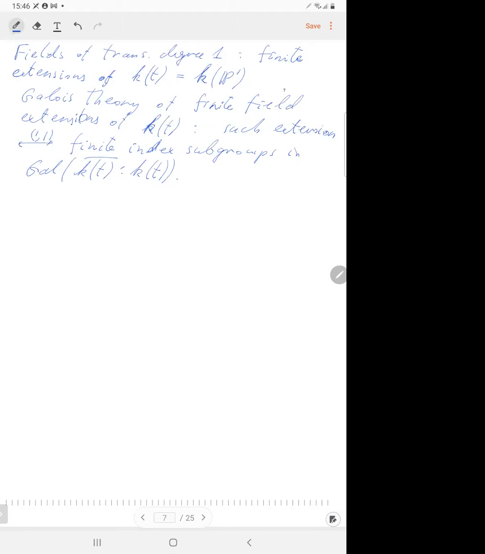Okay, these two theories are very parallel, and in a sense, this construction, this theorem I'm going to prove, establishes this equivalence directly.